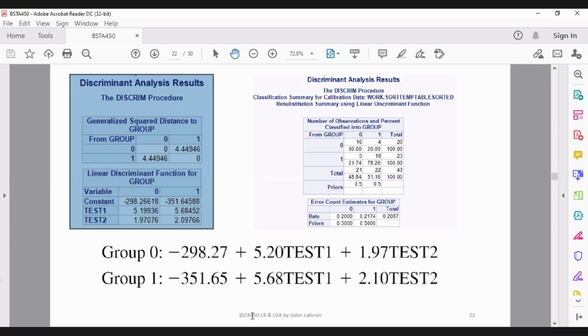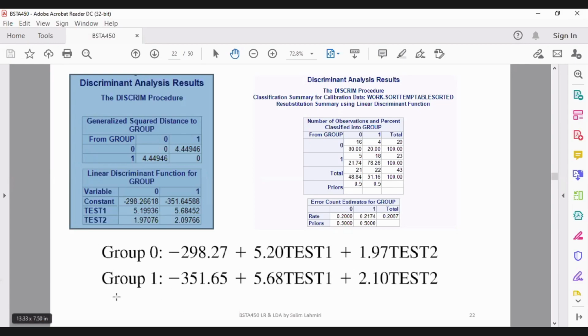So the equations are the following. Group 0 is equal to minus 29.8 plus 5.2 test 1 plus 1.97 test 2.